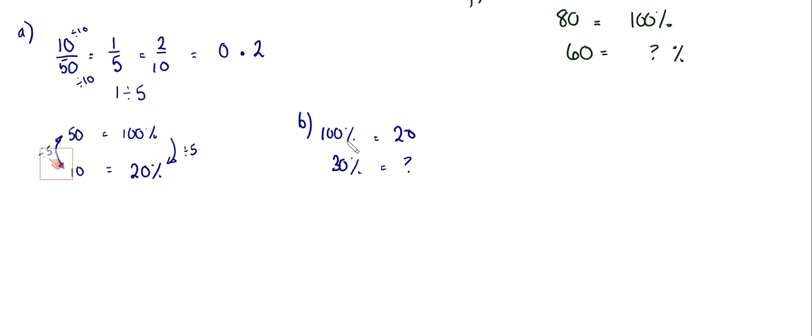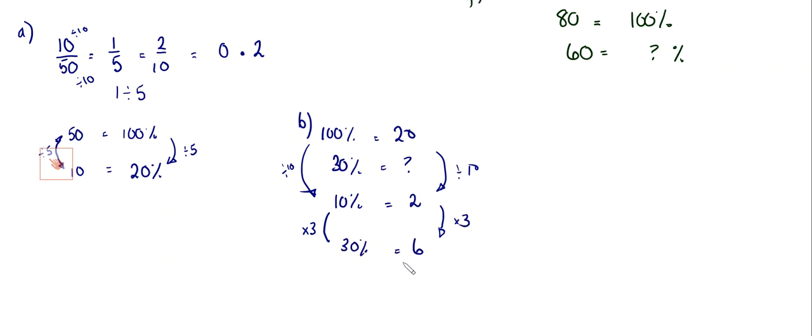I know I can go down to 10%, so 10% is divide by 10. That gives me 2. So then to go up to 30%, I times by 3, which gives me 30% equals 6. Okay. Again, you might have used a different method. Up to you.